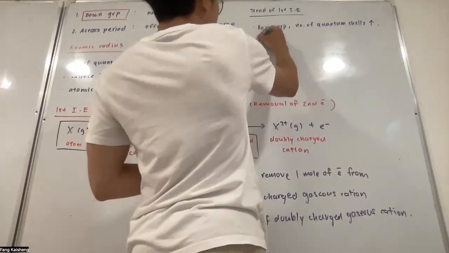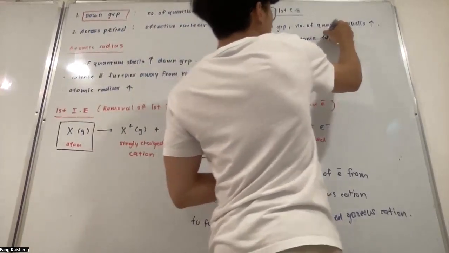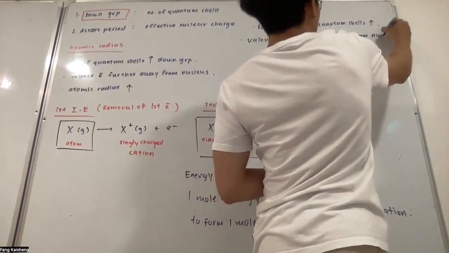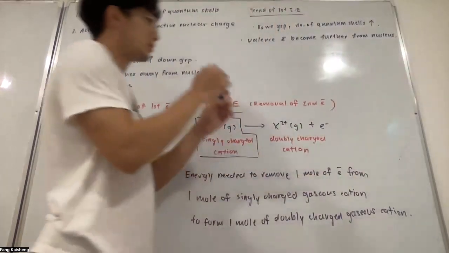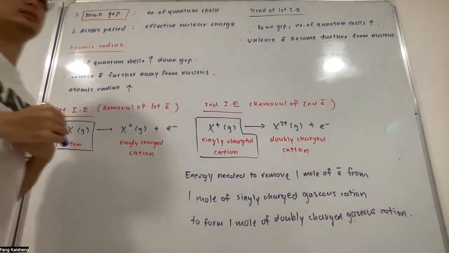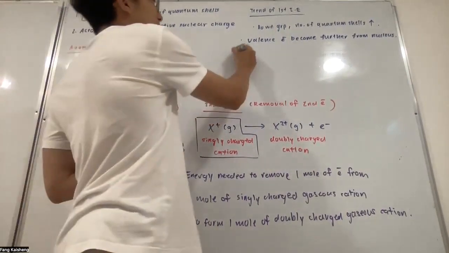Okay, good. So valence electrons become further from the nucleus.